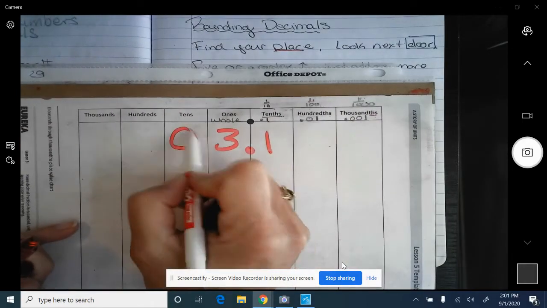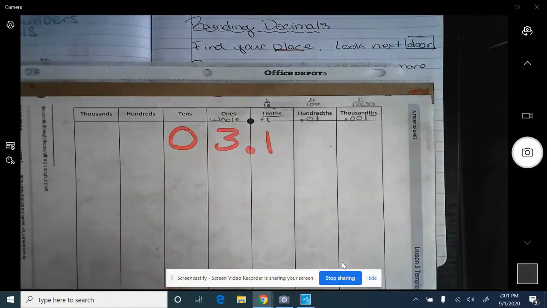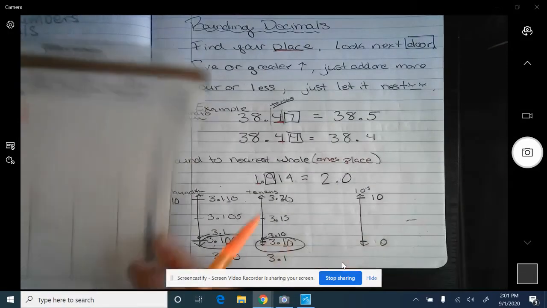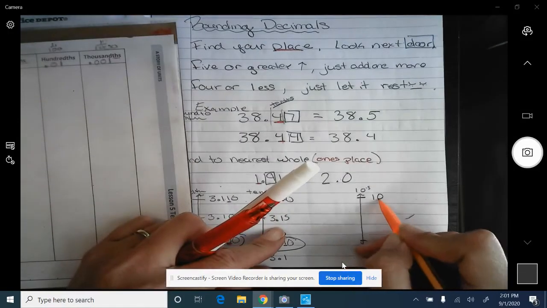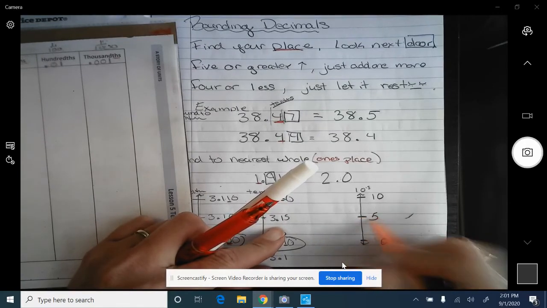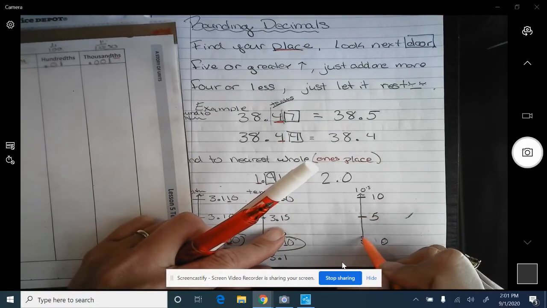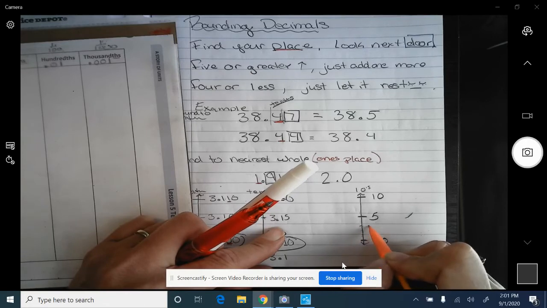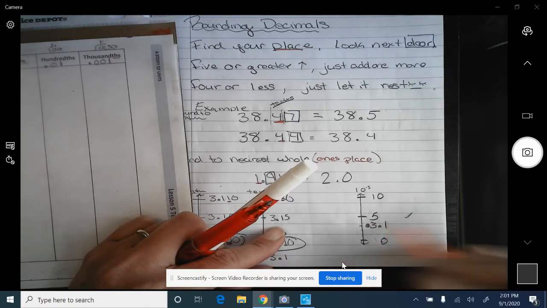Right now we have 0 in the tens place. So for my 3.1, what's halfway between 0 and 10? 5. My 3.1 would land right about 1, 2, 3, right about here. This is where 3.1 lands.